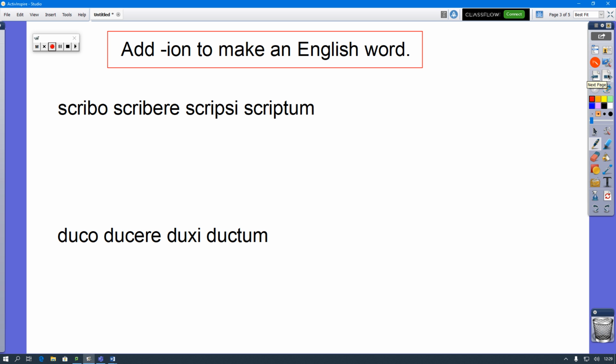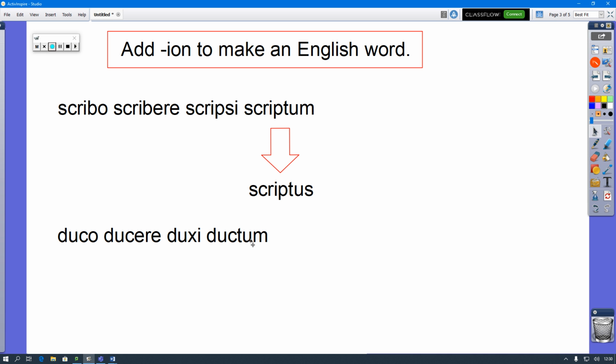The way we spot a past participle passive in a sentence is that we can normally add -ion to it to make an English word. Now this doesn't work terribly well with amo, because you get amation, which isn't really an English word, but it works very well with these two verbs. So scribo, scribere, scripsi, scriptum forms a past participle passive of scriptus, which we would translate as having been written.